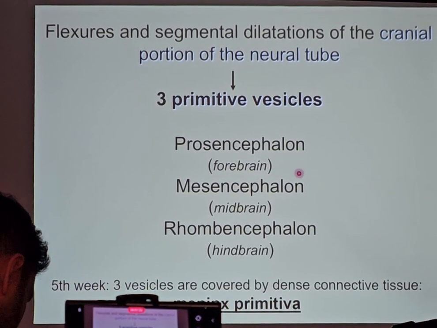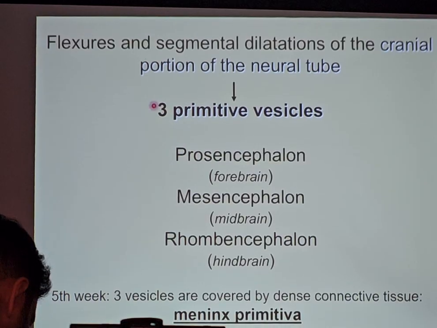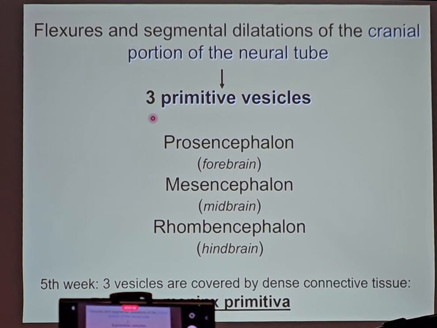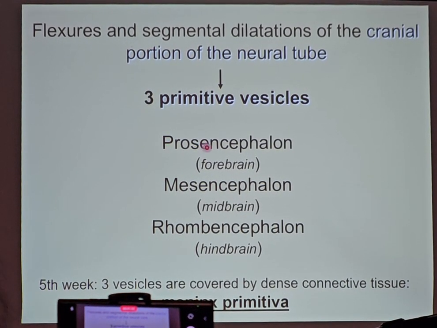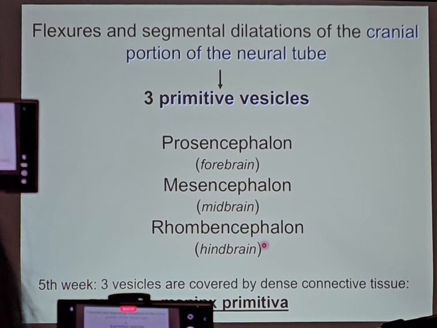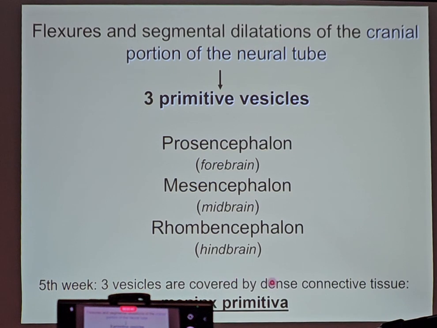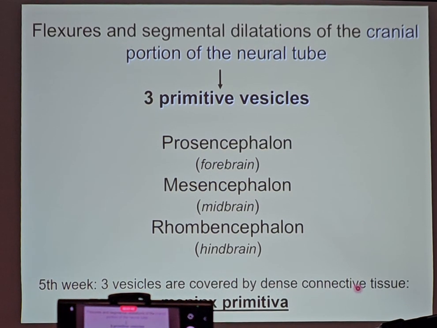And then at the fifth week, these vesicles develop: the prosencephalon, the forebrain, the mesencephalon, midbrain, and rhombencephalon, the hindbrain. And they are covered with dense, primitive connective tissue called the meninx primitiva.